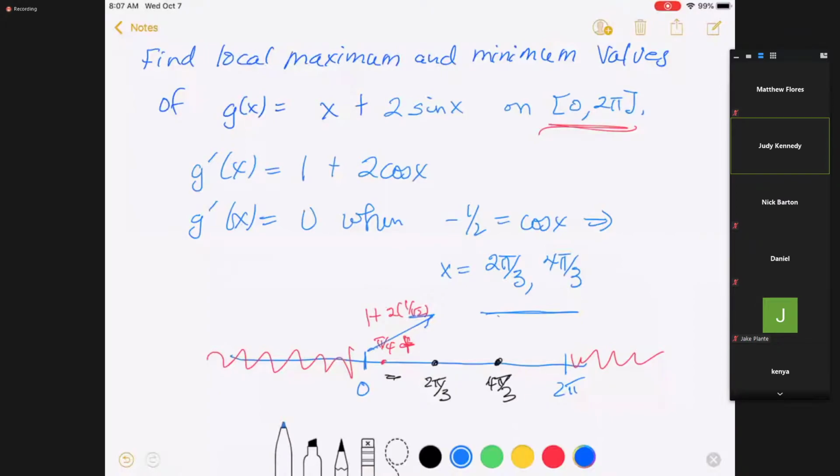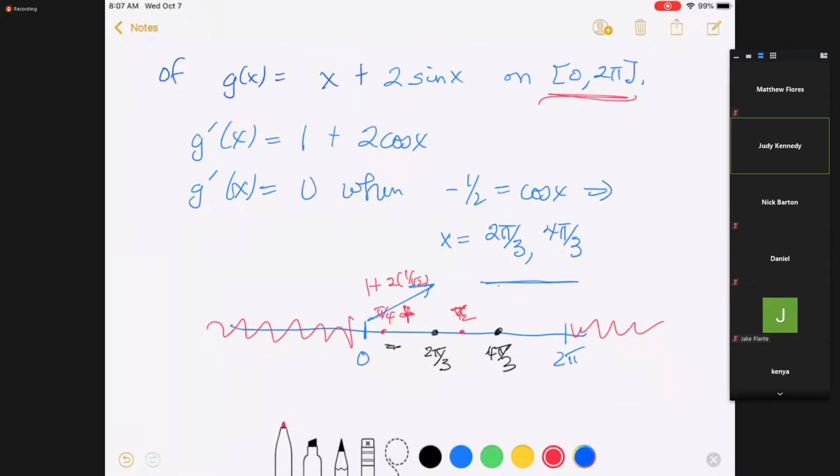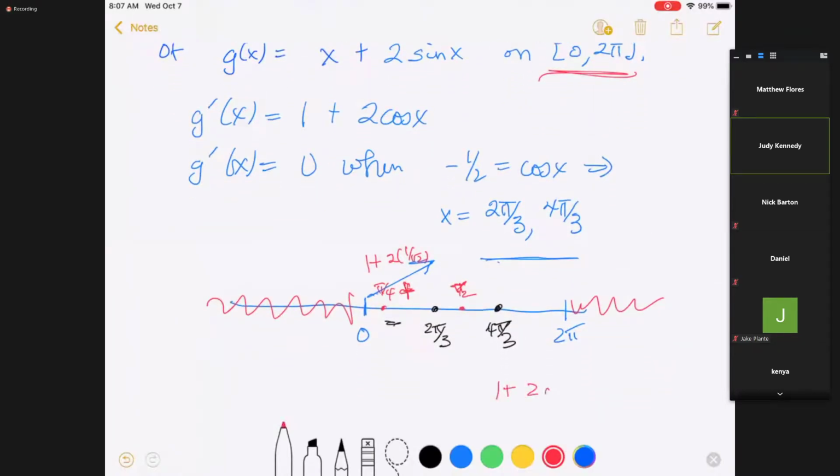Between 2 pi over 3 and 4 pi over 3. Oh, pi over 2 is in there, so I could use that to check. Pi over 2: 1 plus 2 cosine of pi over 2. Cosine of pi over 2 is 0, so that gives me 1. So the function is, yeah, that's positive.